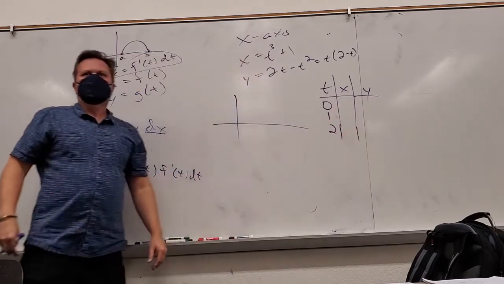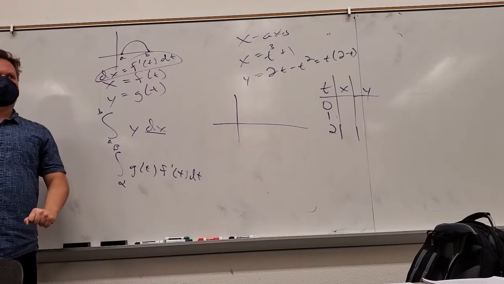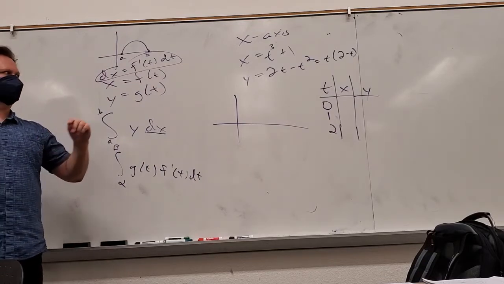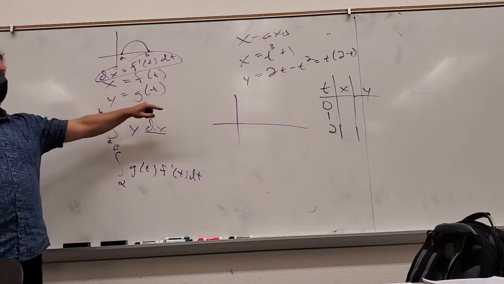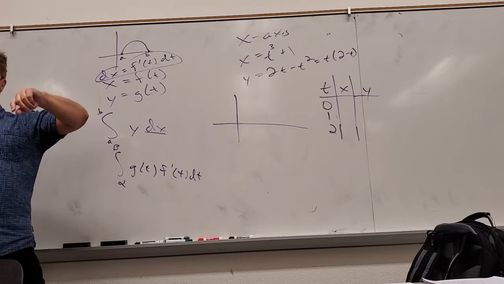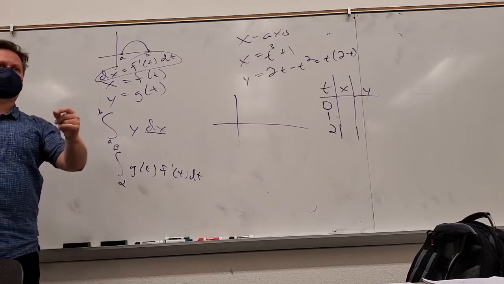I really want you guys to do it. It wants me to find the area enclosed by this curve and the x-axis. So doesn't it make sense that I want to know when this curve hits the x-axis, right?